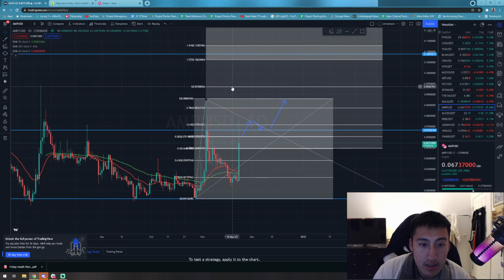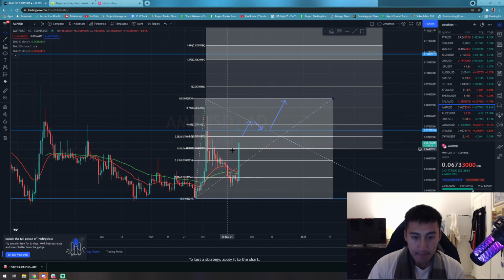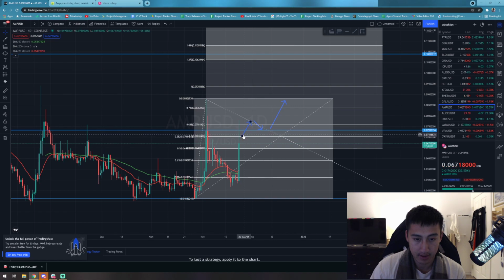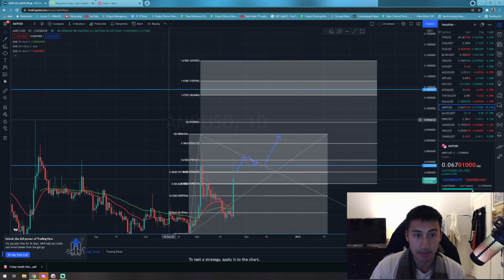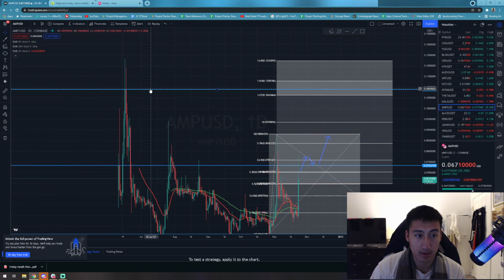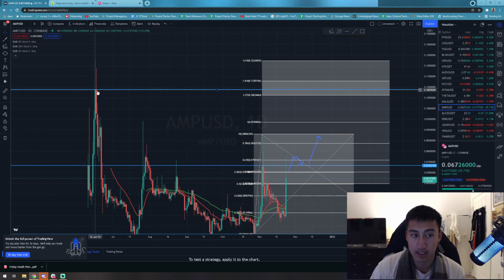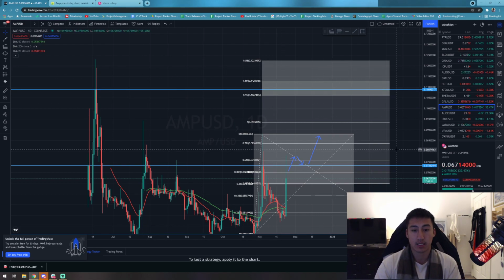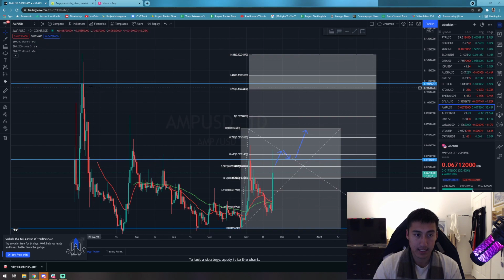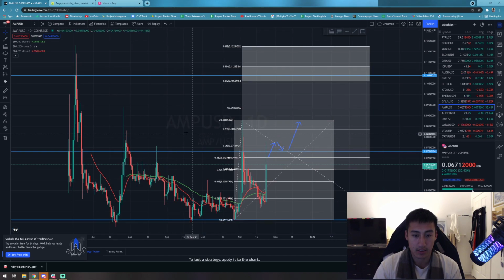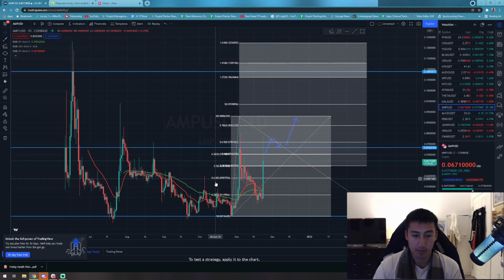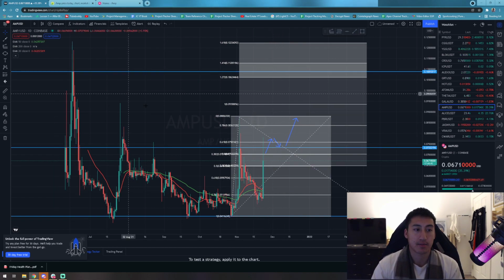As you can see here, we might be able to see it go to the 12 cent level, which is past this all-time high. We potentially might see it this time, because that's where the last all-time high was, and we're seeing an uptrend now. So it's a possibility that might happen.